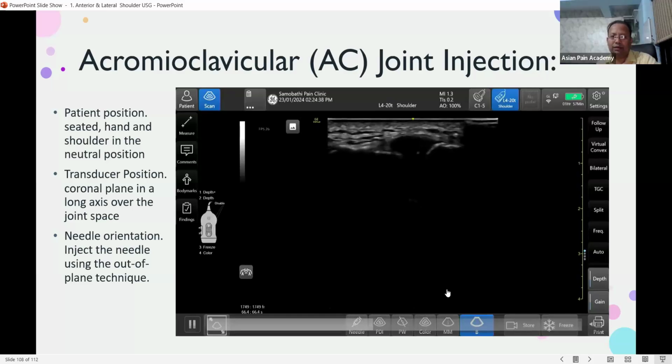Because in acromioclavicular, now you can see the tip. Acromioclavicular joint is basically out of the plane, we also do most of the time out of the plane, because that is the easiest. You just locate the joint at very superficial and you do the out of the plane technique.